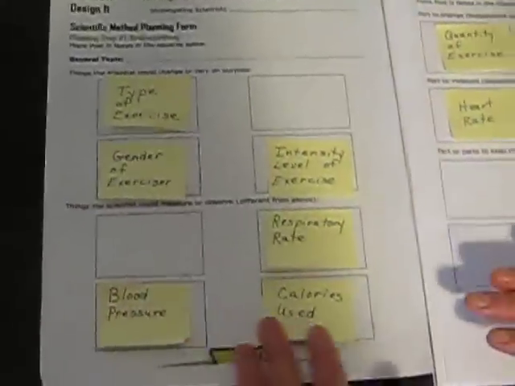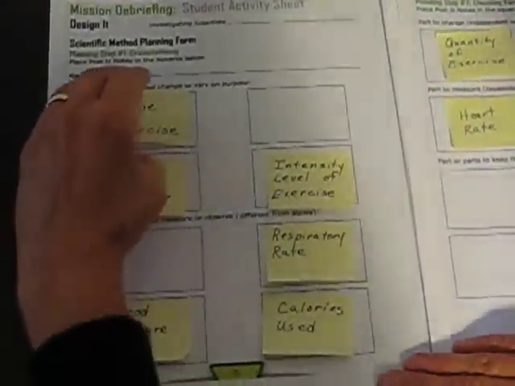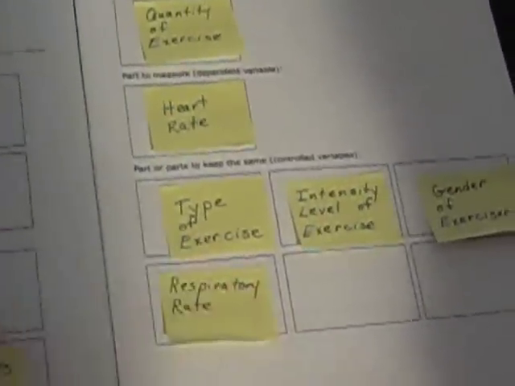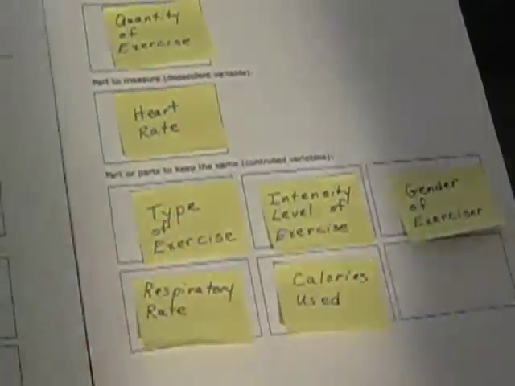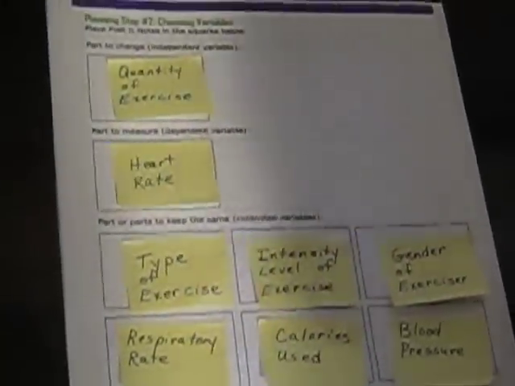But all of these others that we had, we want to make sure we try to leave those the same as much as possible. So let's take those sticky tabs and we'll put them over here in the section that we want to try to control as much as possible. And so they transfer their sticky tabs over, and that's the brainstorming section of the process.